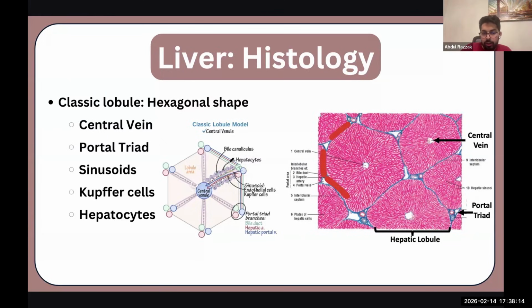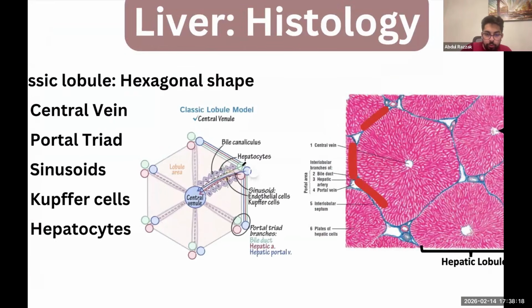Between them, there are canals or sinusoids, tamam, that allow blood to flow from the portal triad to the central vein. So you're gonna have oxygenated blood from the hepatic artery proper and deoxygenated blood full of nutrients from the portal vein, giving off blood through the sinusoids to the central vein.